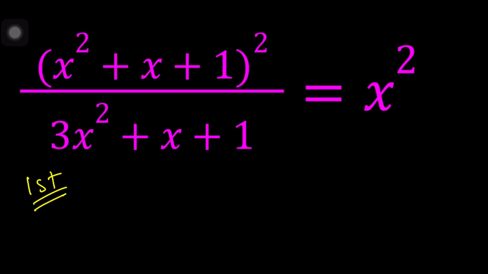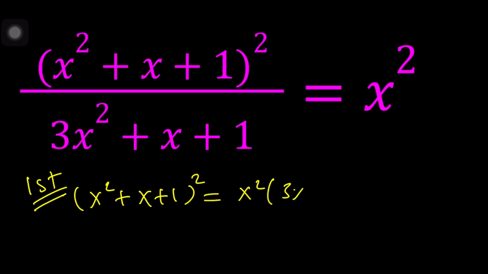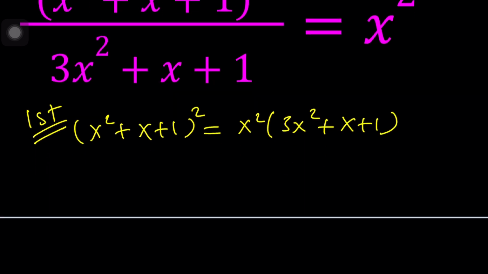first method. So for my first method, I'm going to go ahead and cross multiply. And we're going to go ahead and expand everything, okay? By the way, before we get into the depth, I want to show you the graph of these two functions so you can kind of see what that looks like and what to expect.